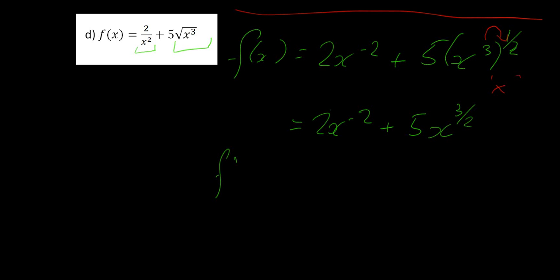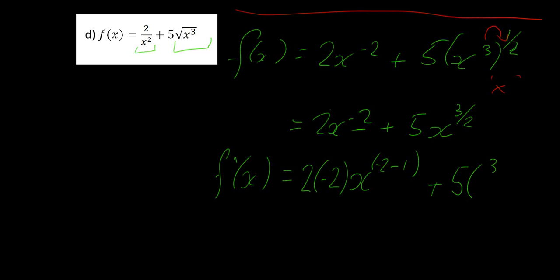Okay, so since everything is in index form, we can find out what f dash of x is. So we're going to keep the 2 on the outside, bring this negative 2 over here to the front. x and negative 2 over here is going to be subtracted by 1. So we know that's negative 3. 5 stays on the front. 3 on 2 goes to the front without subtracting. x to the power of 3 on 2 minus 1.